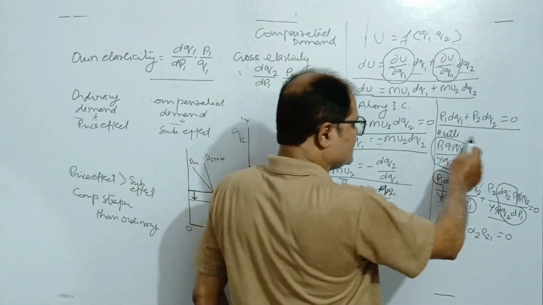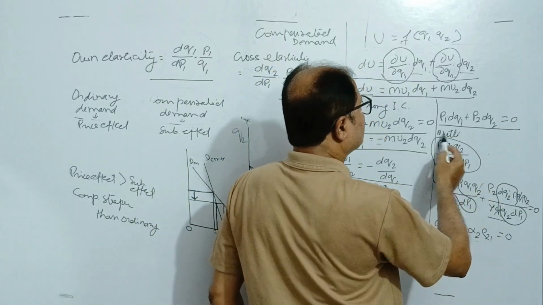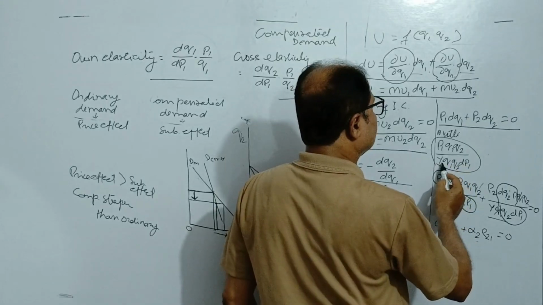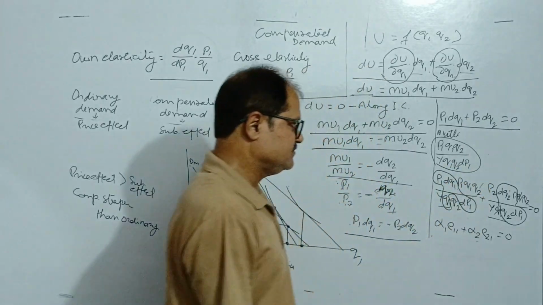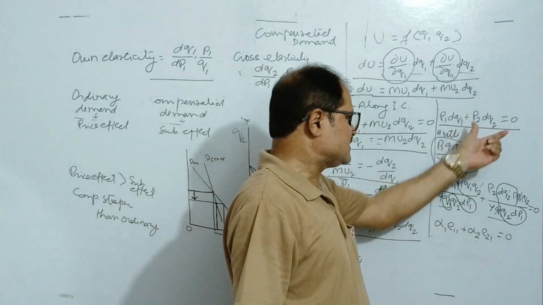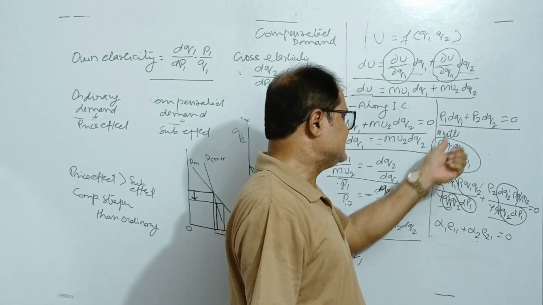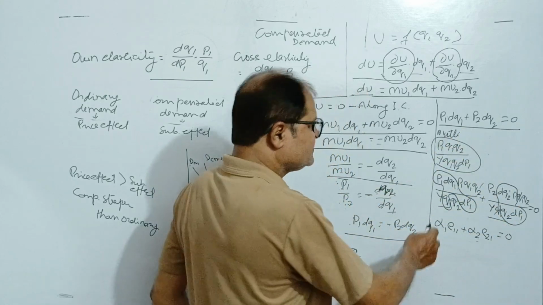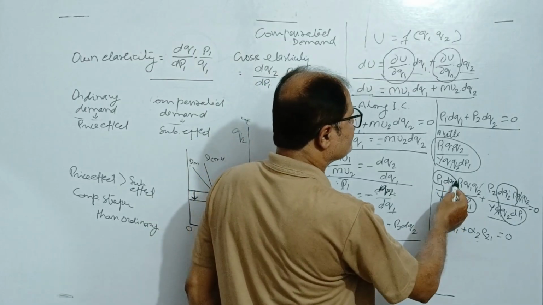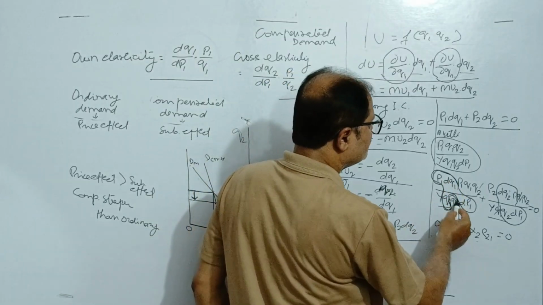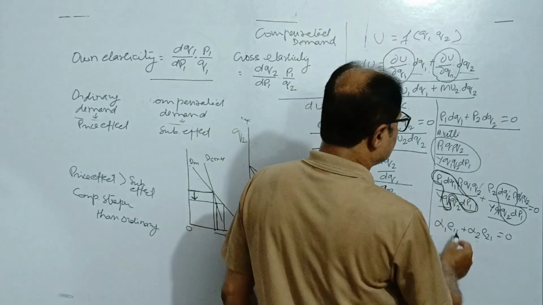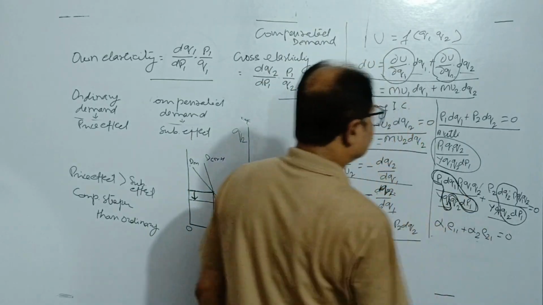Now, multiplying this expression by P1 into Q1 into Q2 divided by y Q1 Q2 dp1. This expression is multiplied by this one, means this is multiplied by this and this is also multiplied by this. Now, separating this and this, we get P1 dq1 upon Q1 dp1.